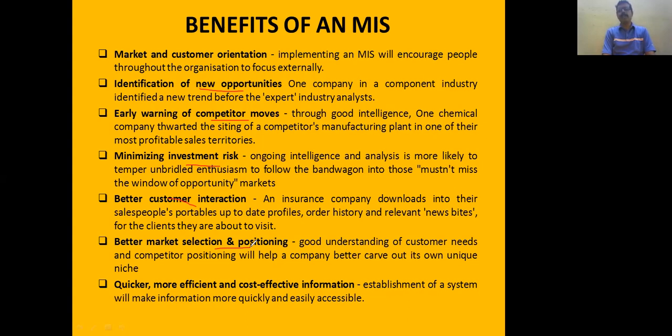Whether it is children, adults or old age must be selected. And positioning must be done in accordance with the selected target audience. Next, quicker, more efficient and cost-effective information has to be gathered. If the information processing is highly expensive, it throws a heavy burden on the manufacturing cost, the processing cost and the procurement cost.